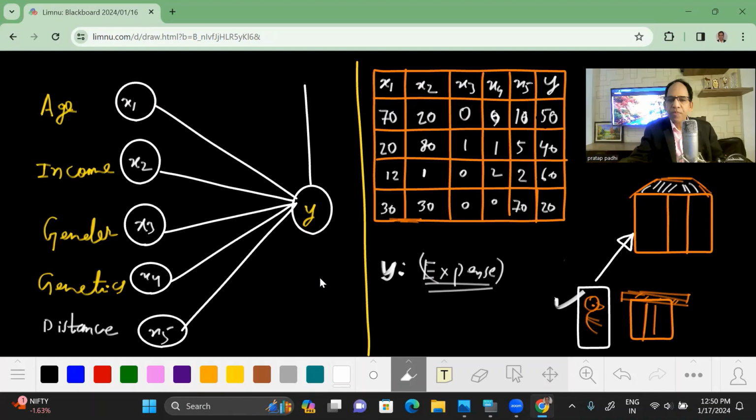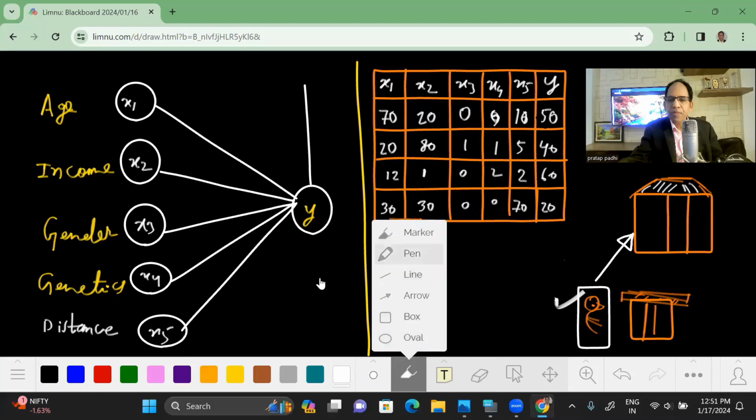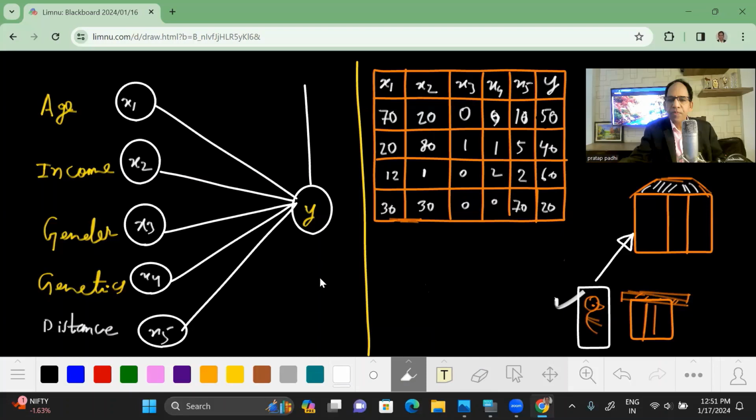So what will happen? Let me erase this. I have to find the value of Y. What will happen? I will write a formula which will capture all the variables x1 to x5 called features. Now, my formula is this. y is equal to, let me erase all.